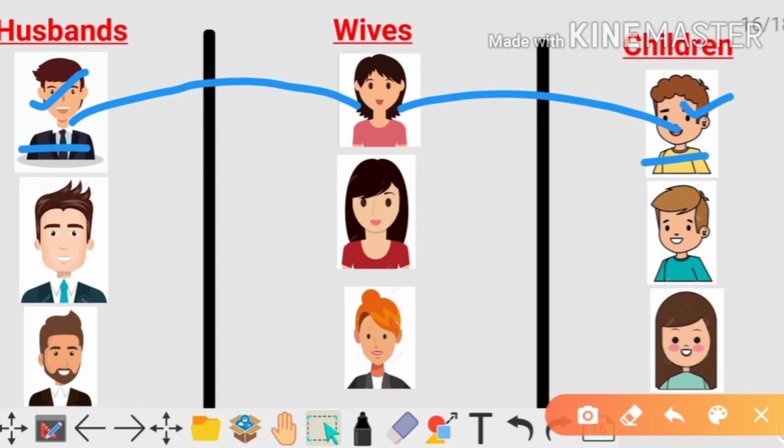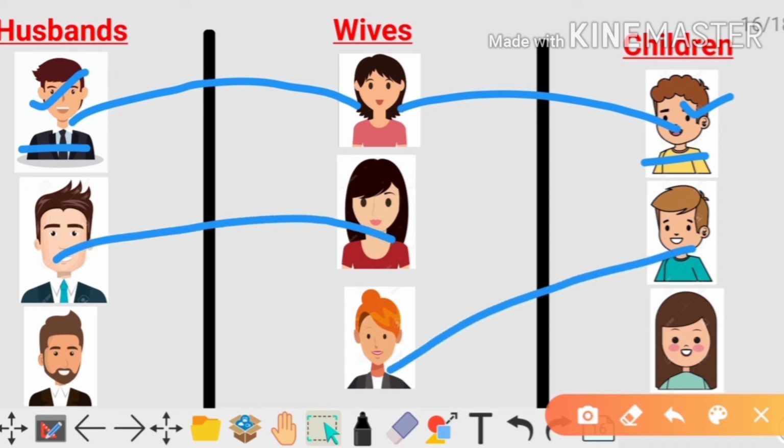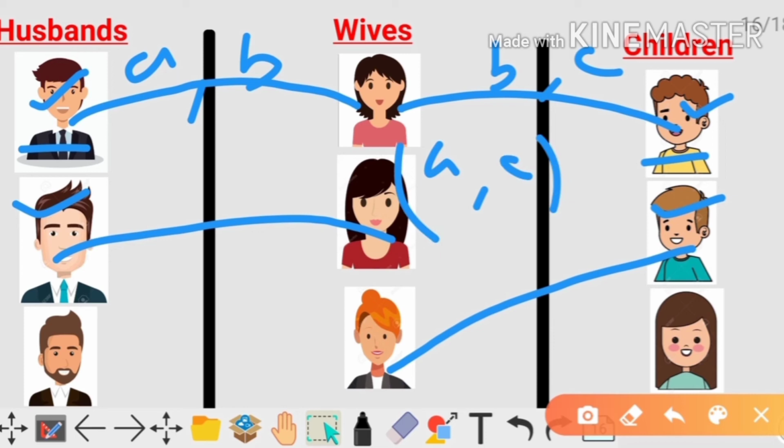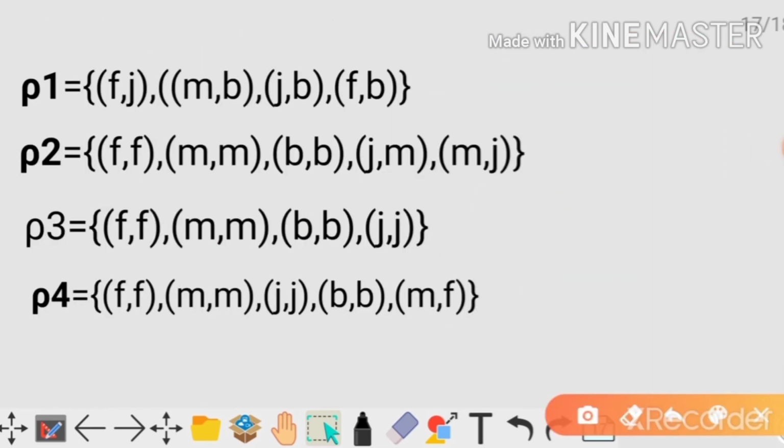So this is (A, B) and this is (B, C), then A and C will also be connected. Here are 4 examples.